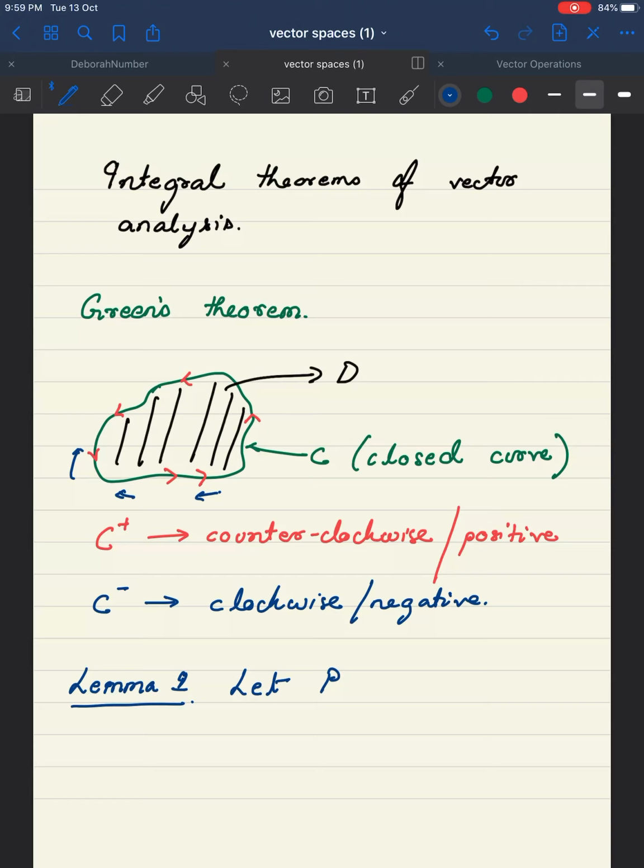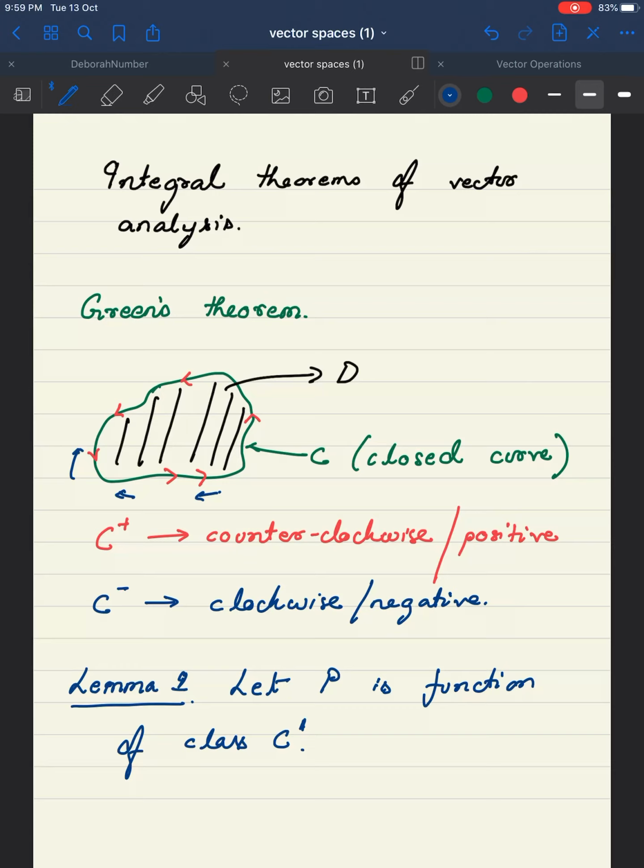Okay, so P is a function of class C1. You don't have to worry too much about what C1 means here. It's basically that the first derivative is continuous. You can just think of it like that. So these are continuities: C0 implies 0th order continuity, and then C1, C2, C3, etc. So it's a continuous function and its derivative exists.